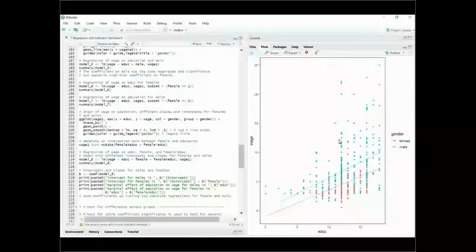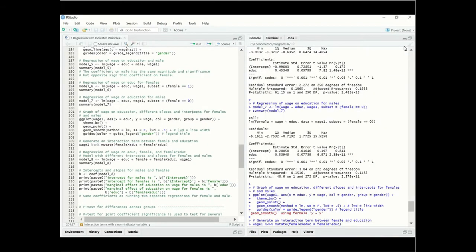We don't have any restrictions on either the intercept or the slope, so they're different for males and females. Okay, so this is how the graph of wage by gender looks for males and females.